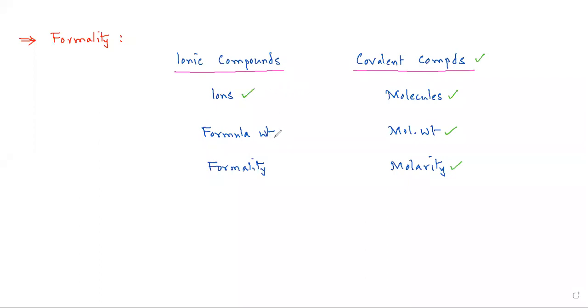Similarly, ions, formula weight, formality in case of ionic compounds. Right. So there is no much difference between molarity and formality. But the thing is used in case of different compounds. That's it.